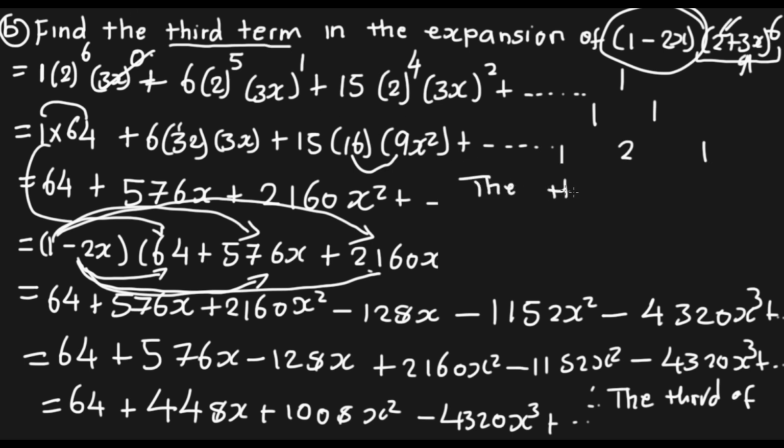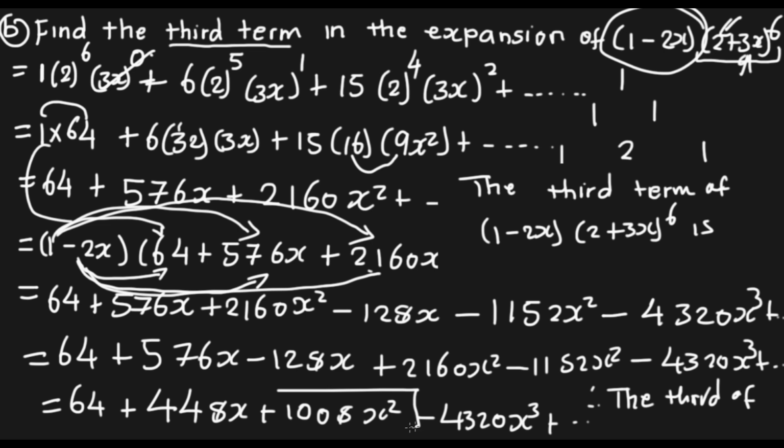The third term of 1 minus 2x times 2 plus 3x raised to the power 6 is this part here, because it's the number in position 3. So it is 1008x raised to the power 2. So this is our final answer.